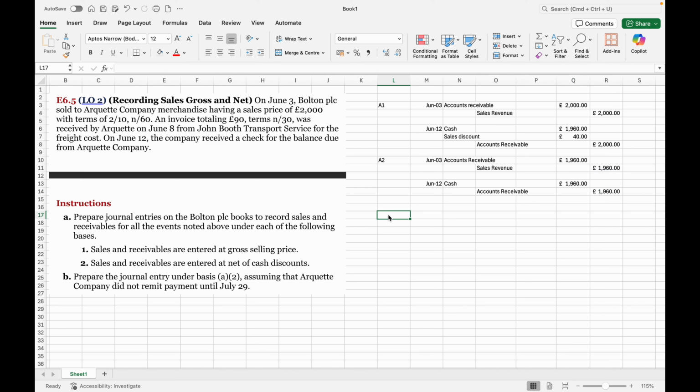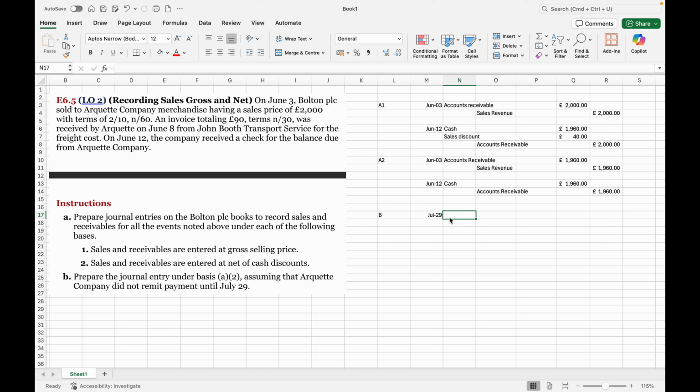Now, requirement B. Under this requirement, we assume that Arcade company were not able to pay off the amount due until July 29. That would mean that they have paid on July 29, but we know that our discount works only within the first 10 days after the sale.